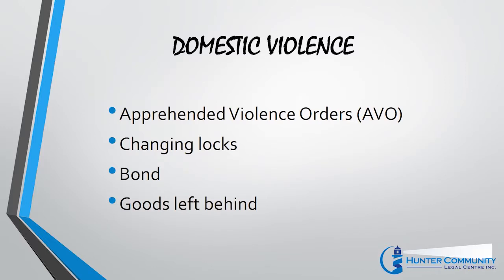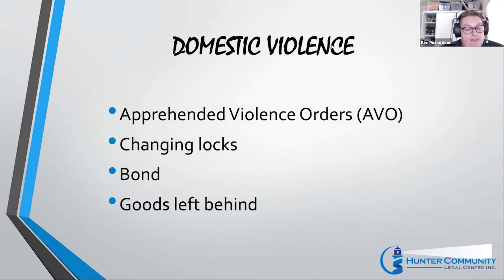Now, tenancy law can actually help in situations of domestic violence. In circumstances of domestic violence, New South Wales tenancy law provides some help to victim survivors and other innocent parties. Now, this will depend on a number of things. So whether your agreement is fixed term, so for example, if it's for 6 months, or if it's an ongoing agreement.